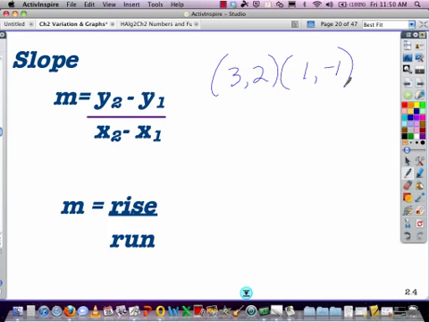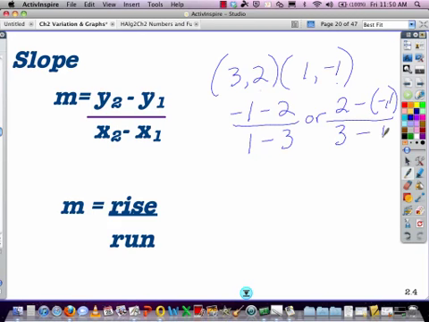You truly could do the ordered pair -1 minus 2, y2 minus y1, and then x's in the same order, 1 minus 3, or you could do 2 take away a negative 1 over 3 minus 1. Both of them will give you the same answer.